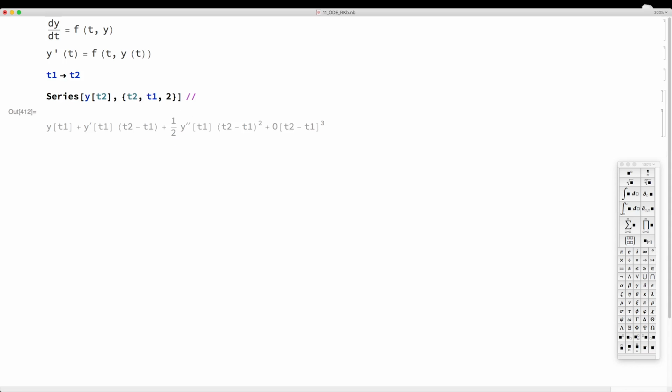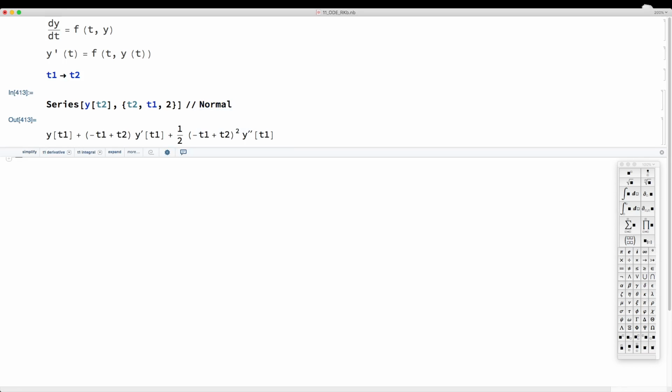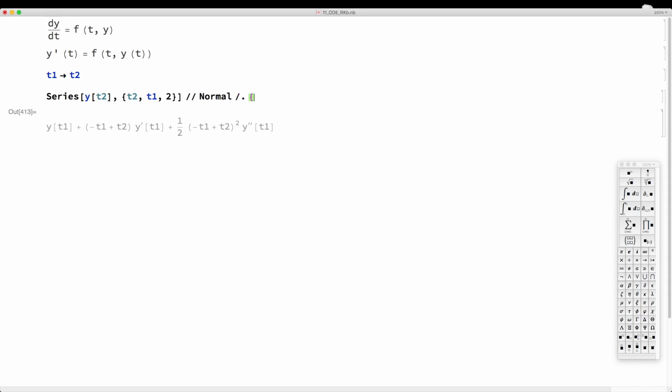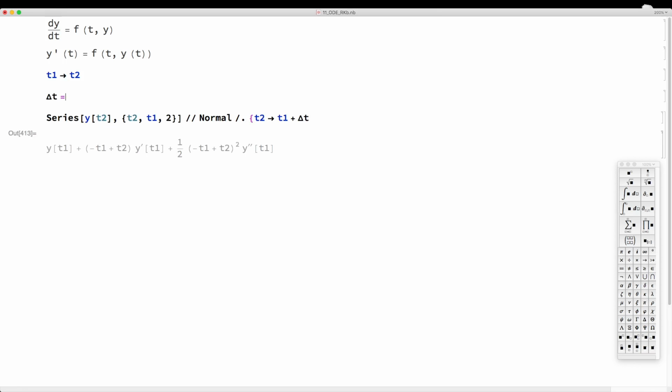I can say Normal, which will get rid of the order (t2 minus t1) cubed term. I can also do a substitution, t2 replaced by t1 plus h, or we can call this delta t. Let me make sure that this symbol is cleared before I use it.